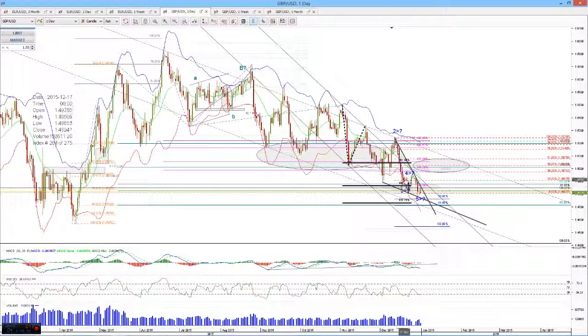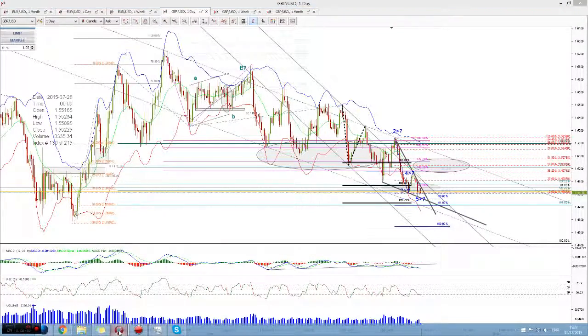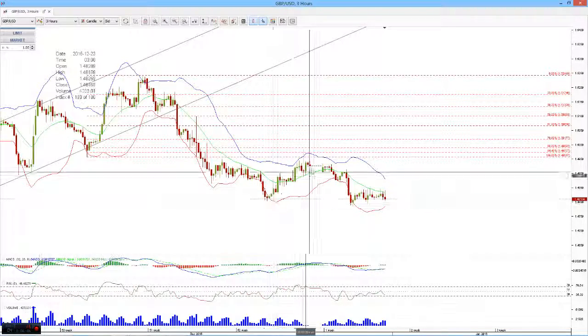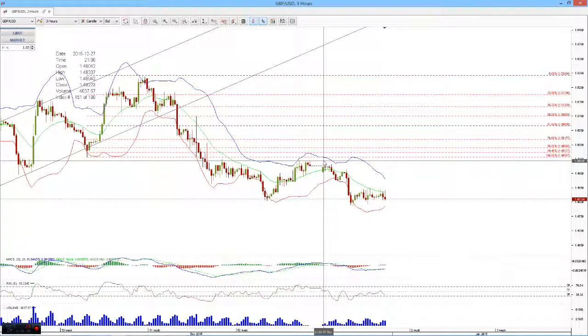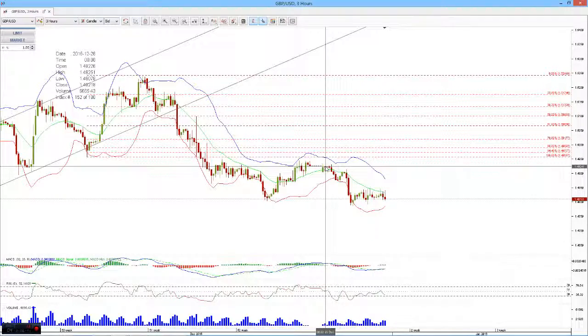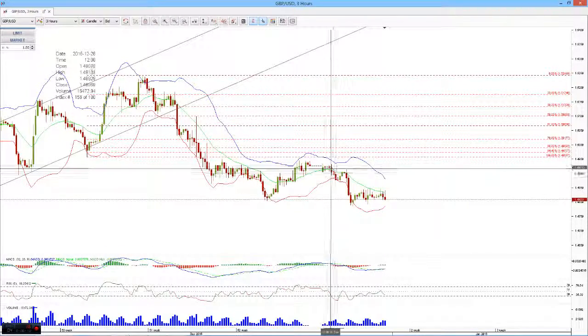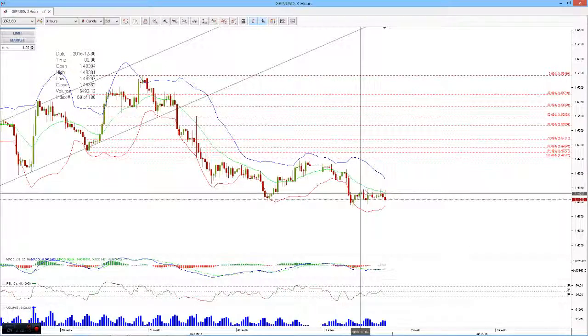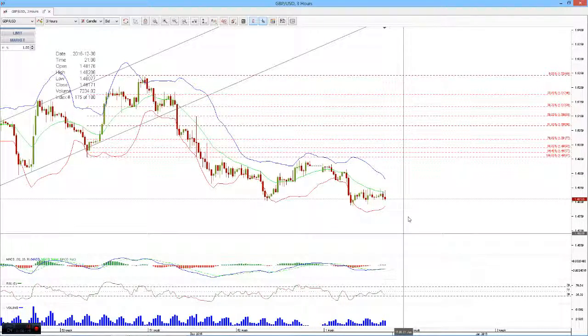The question is whether this fourth corrective wave is already completed, or whether we have an A, B, and a C as a flat correction in this area on the 3-hour chart. This looks like an ABC to the upside, and this downward movement looks like a 5 to the downside, I mean 1, 2, a 3, 4, and another 5.